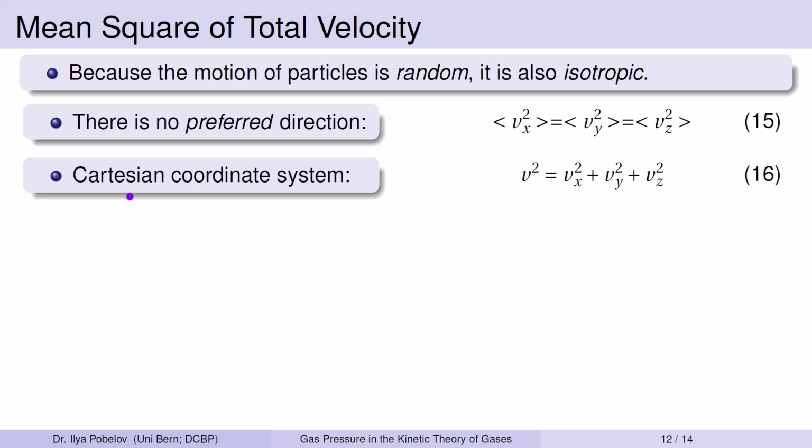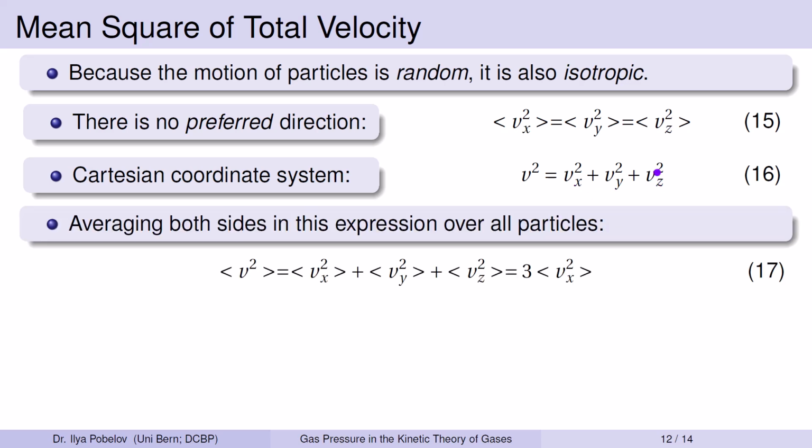Furthermore, according to the properties of the Cartesian coordinate system, the square of the magnitude of the total velocity v is the sum of the squares of its components vx, vy, and vz. Averaging both sides of this expression over all particles gives the mean of the square of the total velocity v equals the sum of the mean squares of vx, vy, and vz.